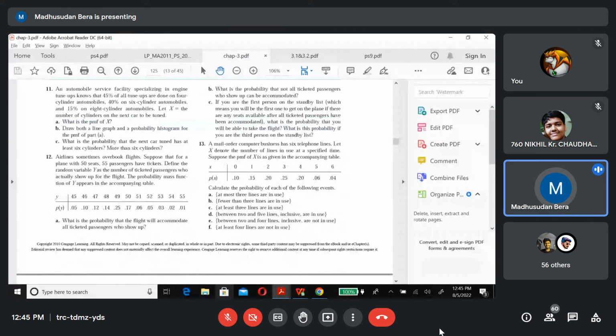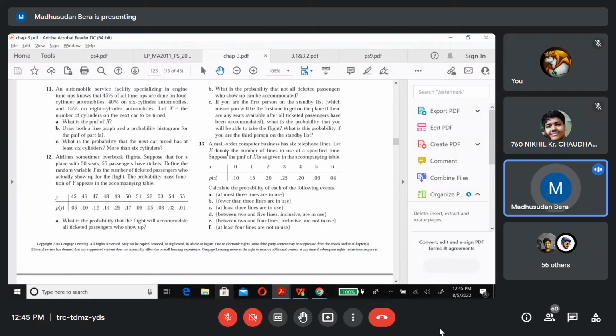13 I have written there. A mail order computer, question number 13. A mail order computer business has 6 telephone lines, and let X denote the number of lines in use at a specific time.